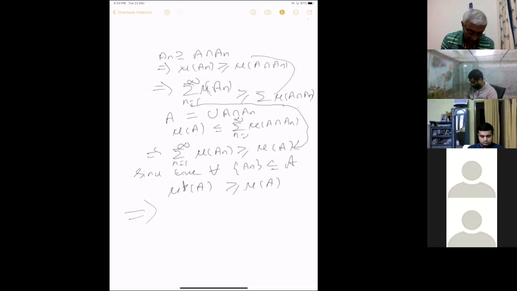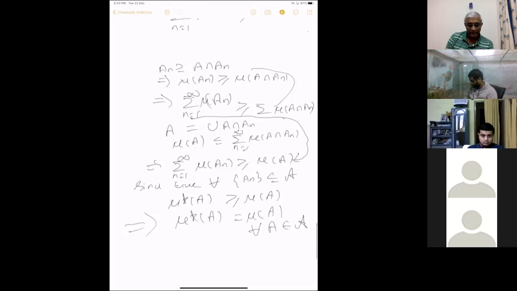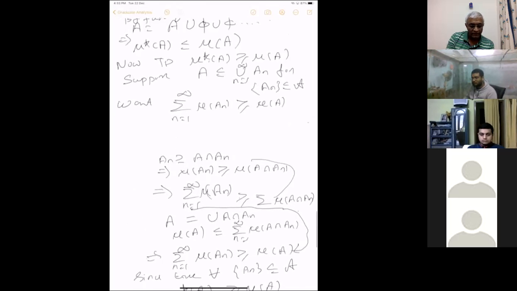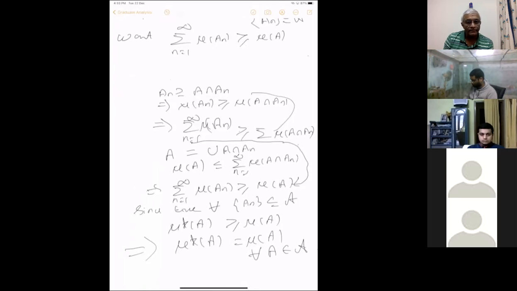So the whole thing implies mu star A equal to mu of A for all A in the algebra A. I hope it's clear. This is fine. So that's what we have proved.